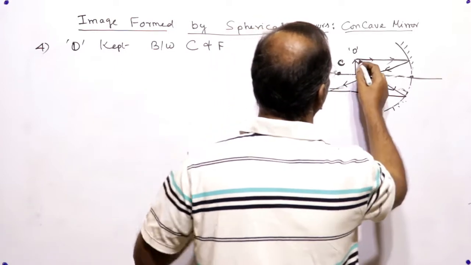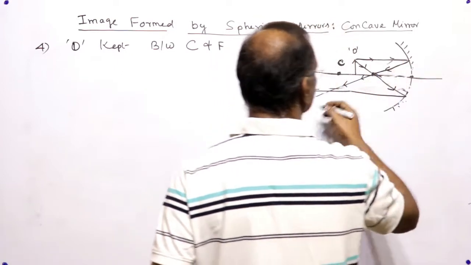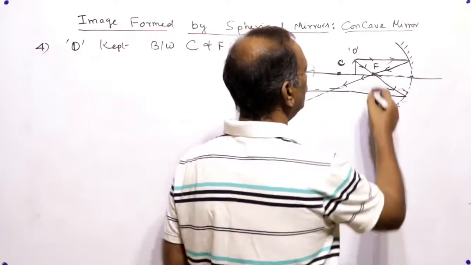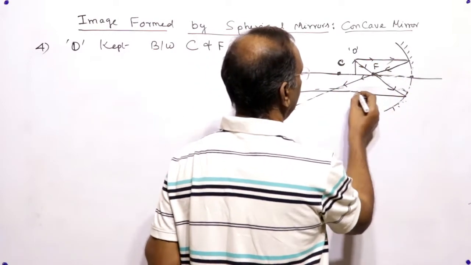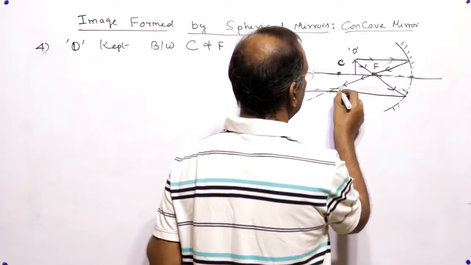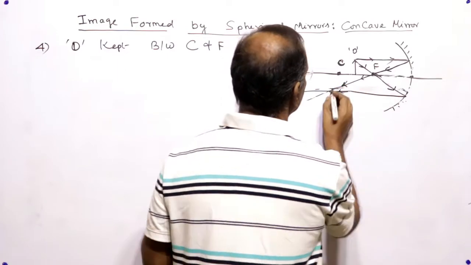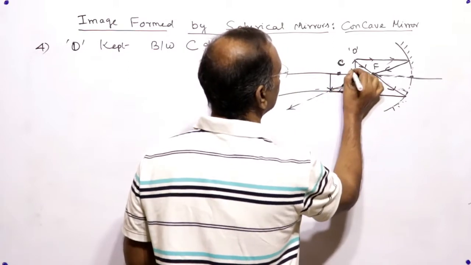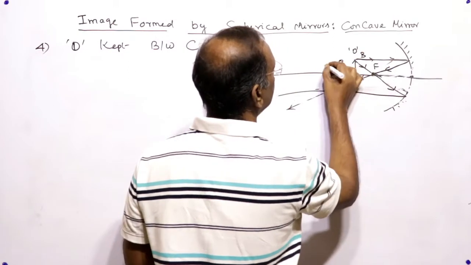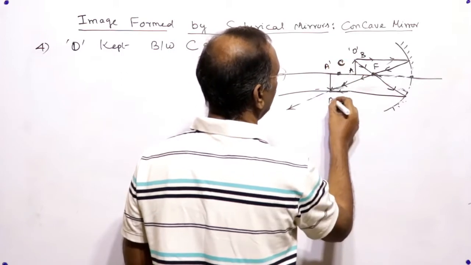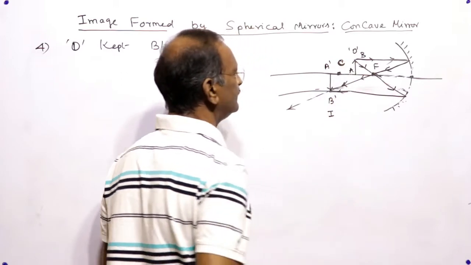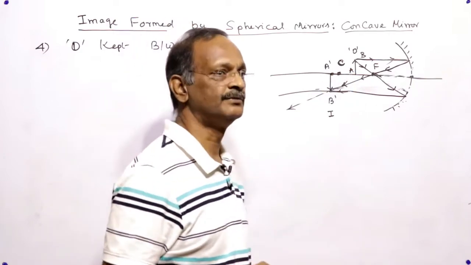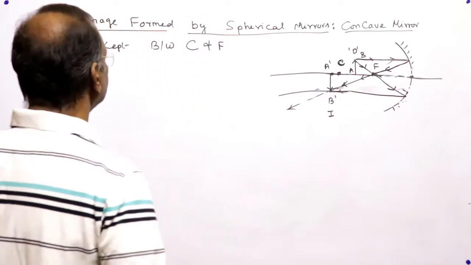So this is the light from the principal axis coming after the focus. This is the light from the focus. It goes parallel to the principal axis and they intersect at this point. So here the image is formed. A, B, and this is A dash, B dash, the image. The image is formed beyond the center of curvature.